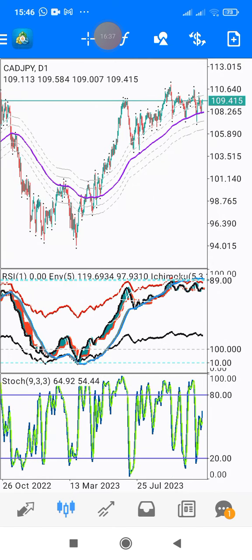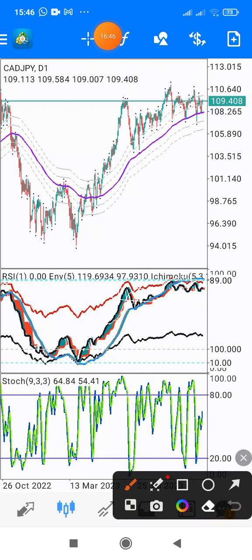So, for example, this one, we now have the change. We've gotten the cross has occurred. We patiently wait. Then the market comes down.